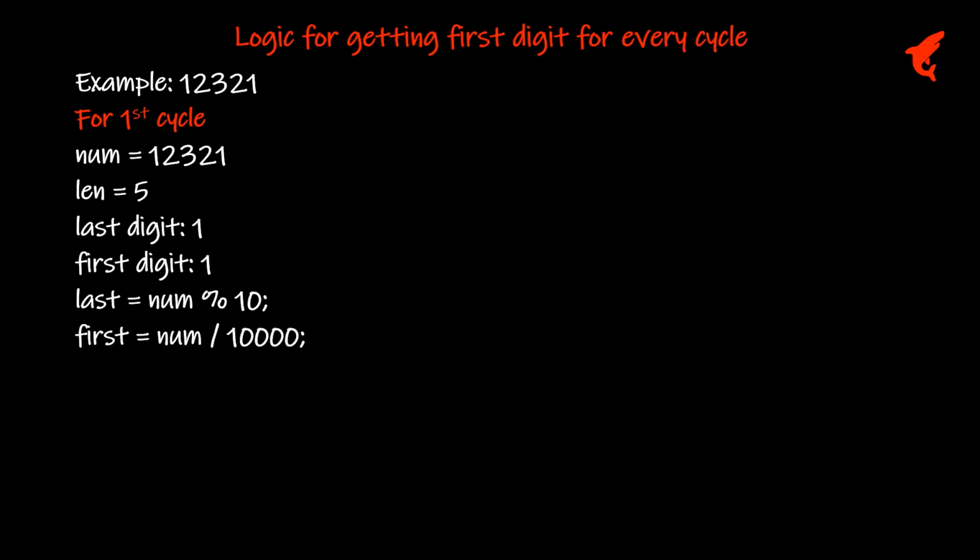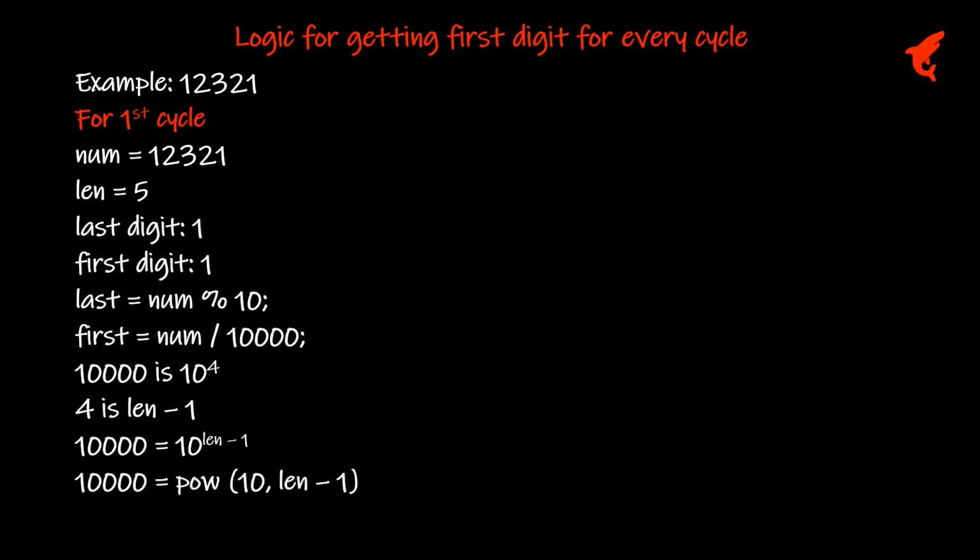To obtain the first digit we need to divide this number by 10,000. Now 10,000 is also 10 raised to 4, and 4 is 1 less than len. So 10,000 can be written as 10 raised to 1 less than len. And so 10,000 can be derived using the pow function with 10 as the first argument and 1 less than len as the second argument.